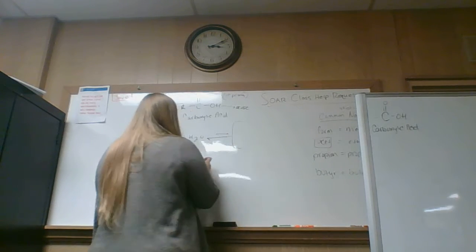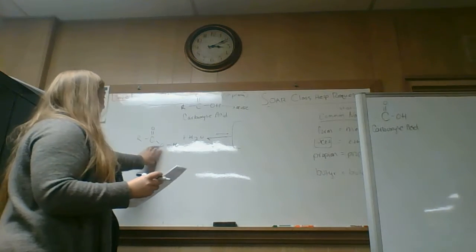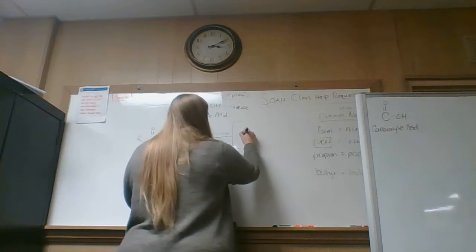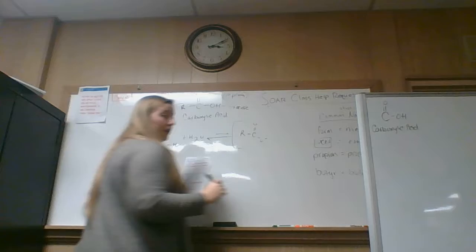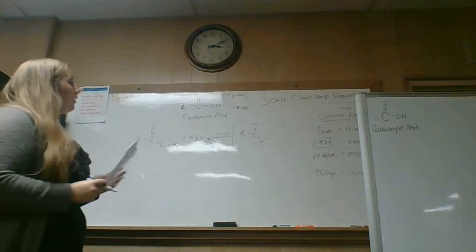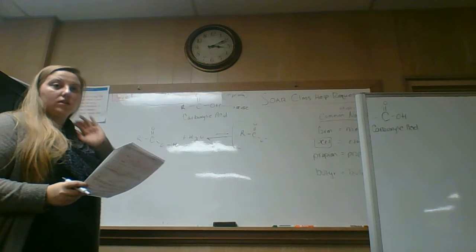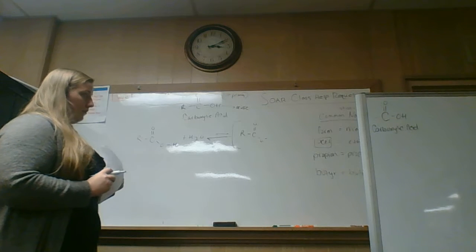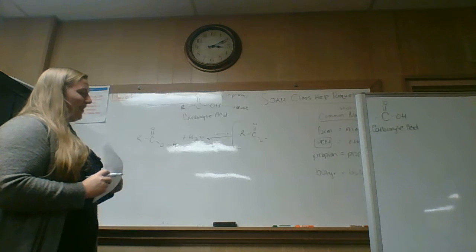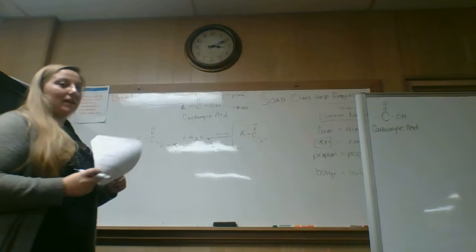Okay, so we said that we can deprotonate this oxygen here, which is going to leave us with this, right? A negative charge. Now, you may recognize this from when we talked about enolates, right?